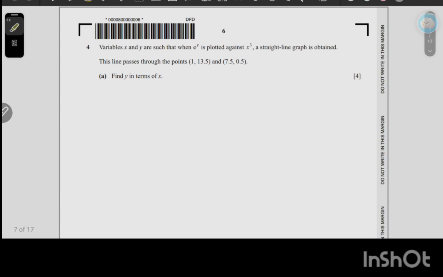This line passes through the points (1, 13.5) and (7.5, 0.5). Find y in terms of x. So this is our x1, this is our y1, this is our x2, this is our y2.